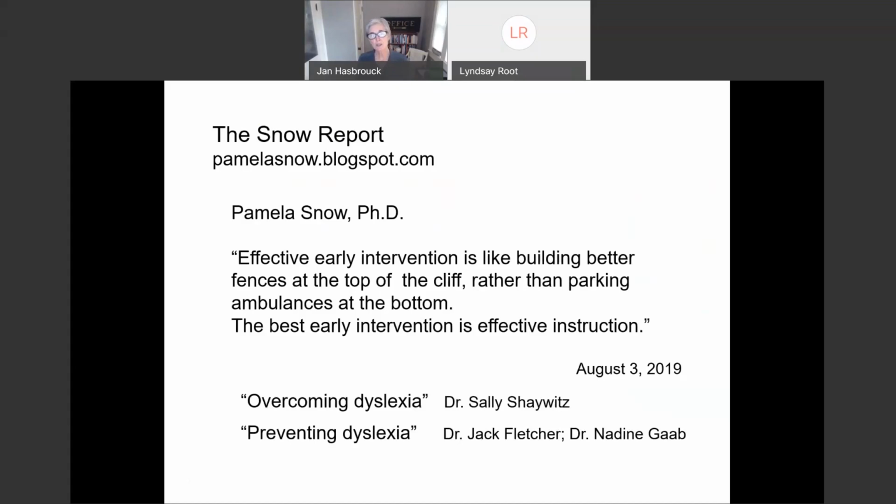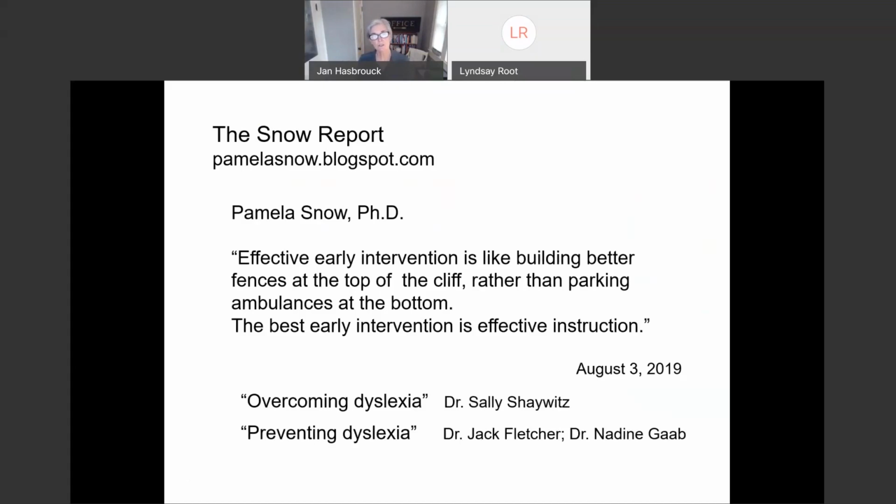And if we do this for our children with dyslexia, Sally Shaywitz has used the term overcoming dyslexia. We can overcome it. Jack Fletcher and Nadine Gaab more recently are even using the word prevent.